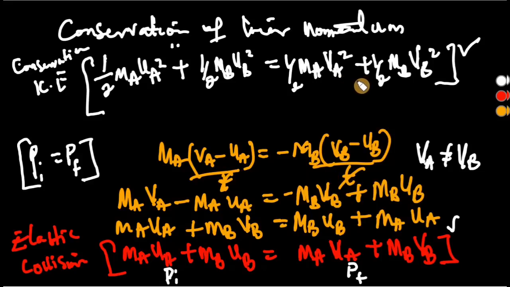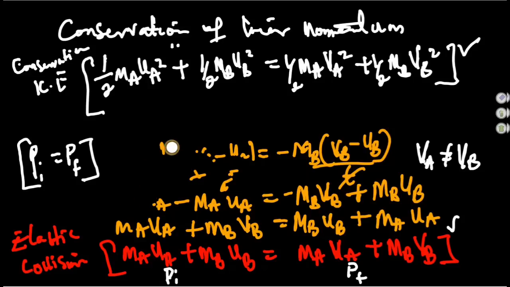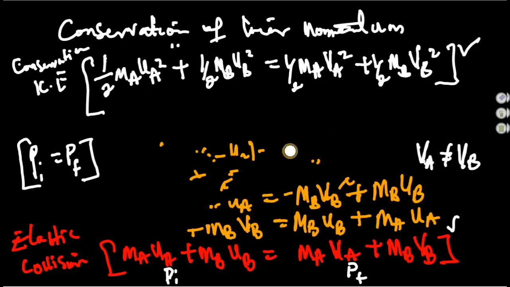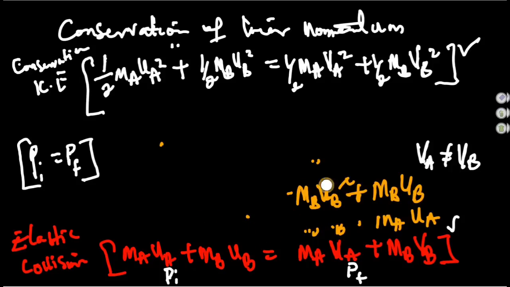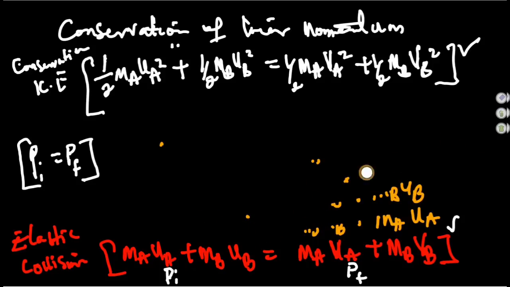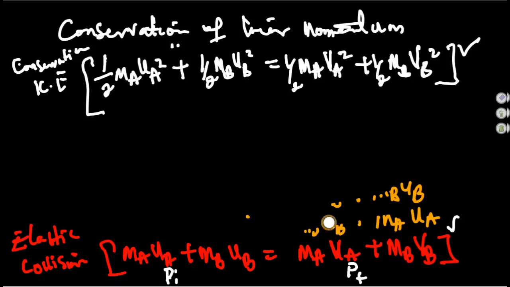So let us look at conservation of linear momentum for inelastic collision. For inelastic collision, we notice that the velocities after the collision will be the same. So the two bodies will collide and move with the same velocity. Let us write this together so that we'll be able to differentiate it.